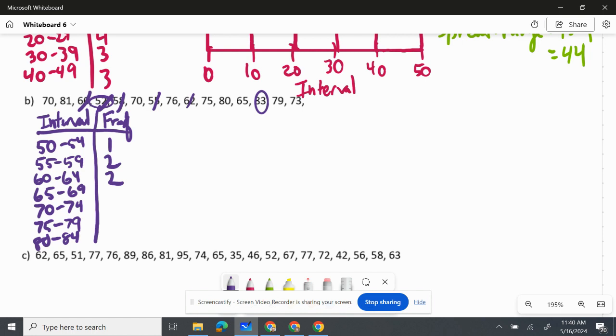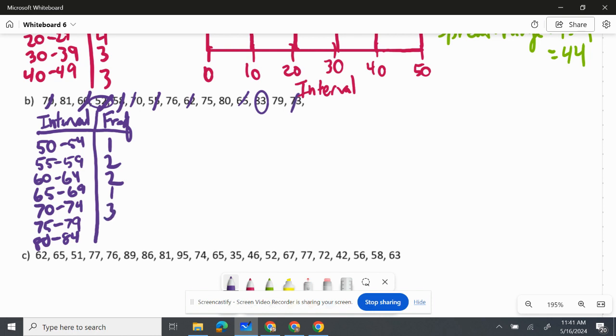Then I'm going to look at 65 to 69, and that would be 1. Then 70 to 74, 1, 2, and 3.